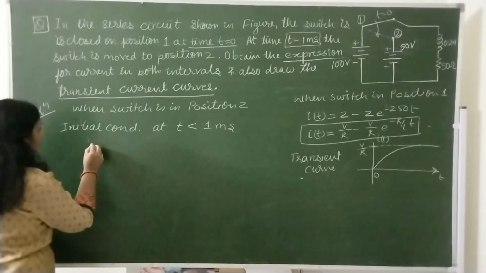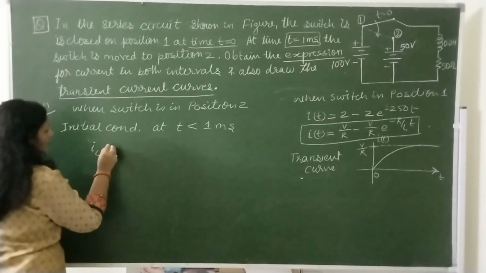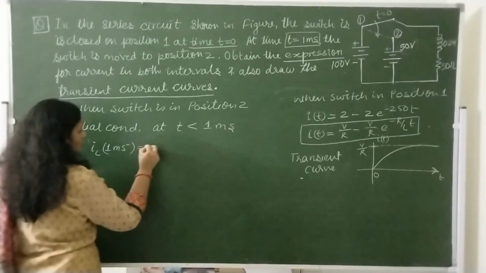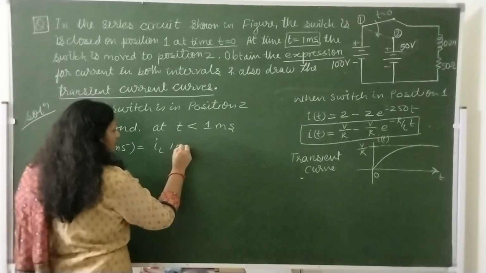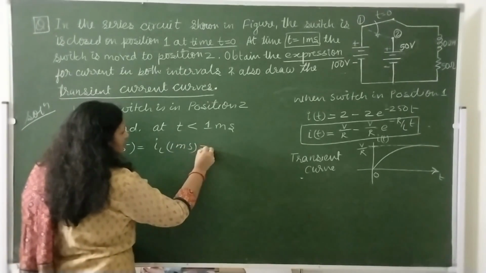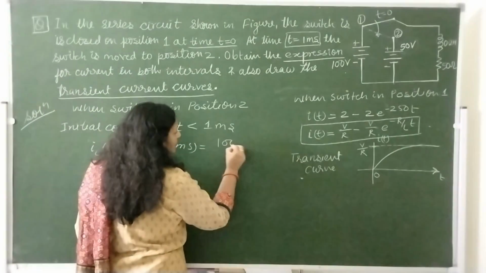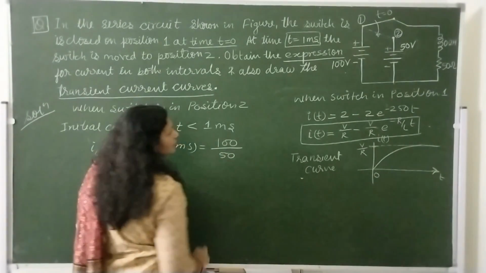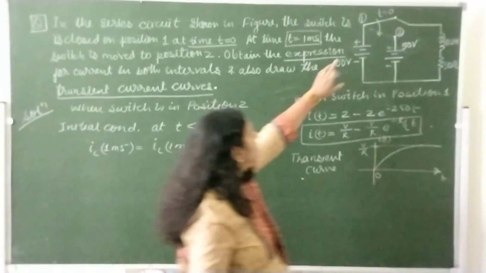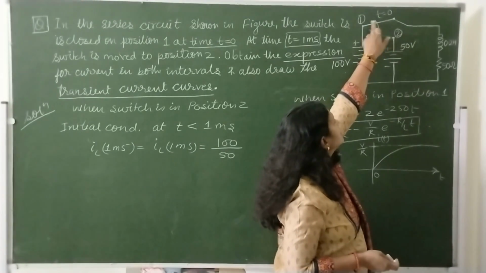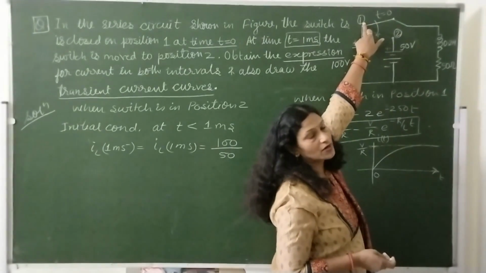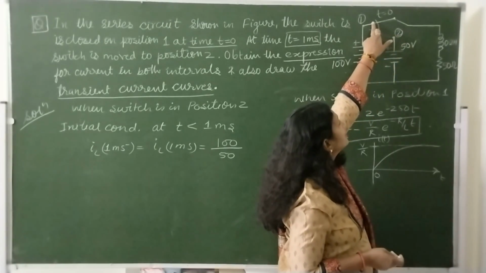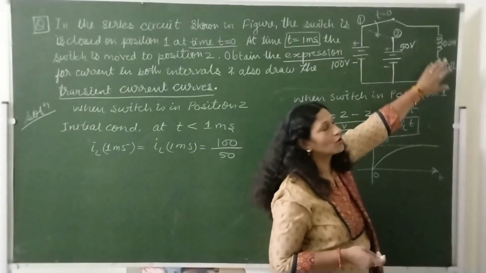So here current IL at 1 millisecond minus is equal to IL at 1 millisecond, and it is nothing but 100 divided by this 50 ohm, because it is connected to this position since a long time, and before connecting to this point it is connected here, and this will behave as a short circuit.